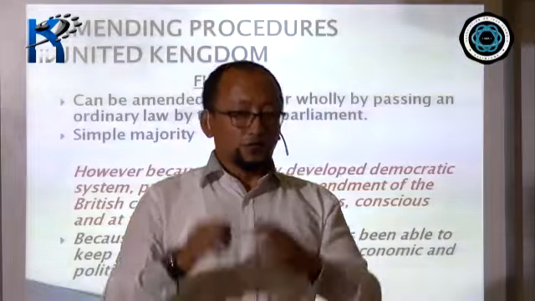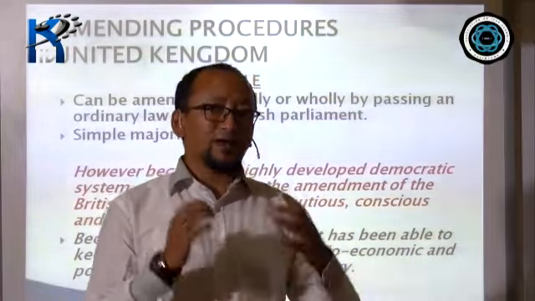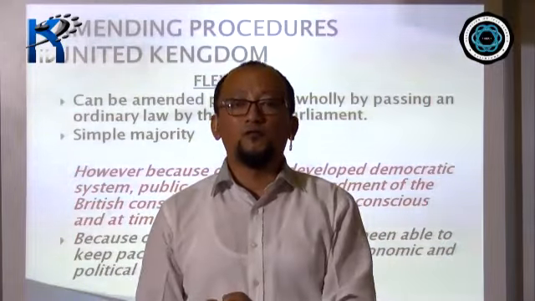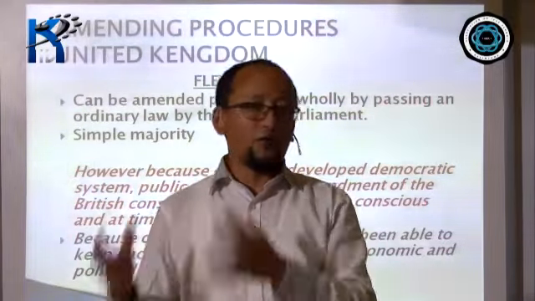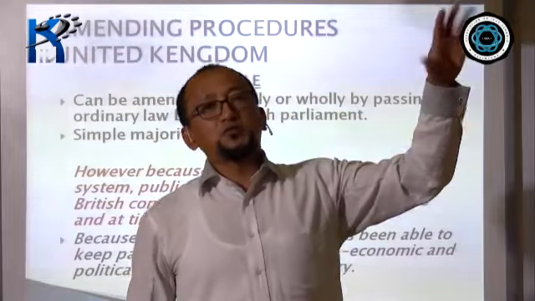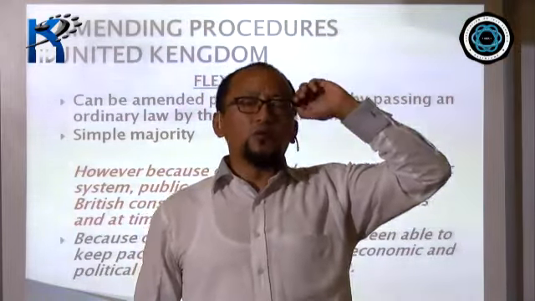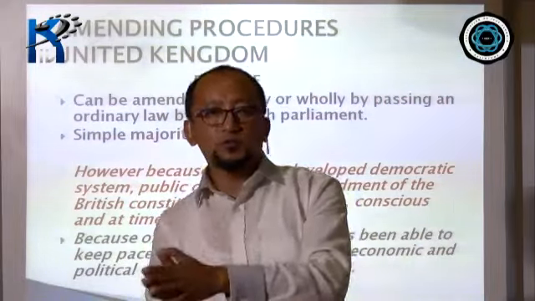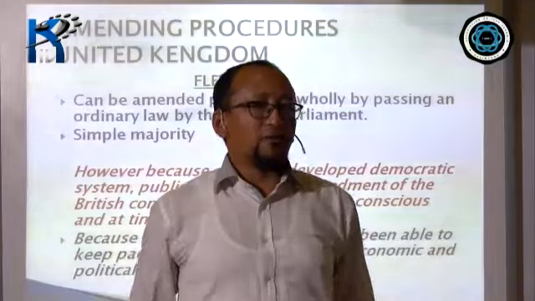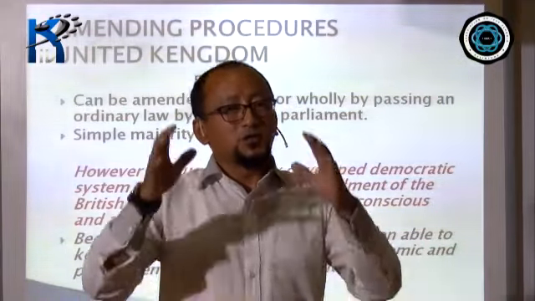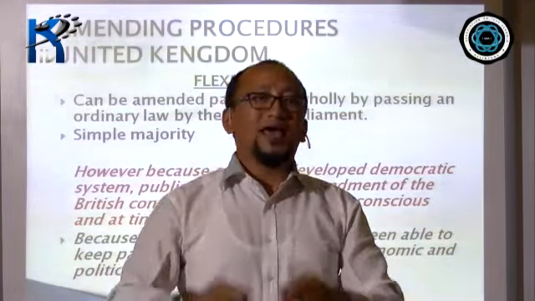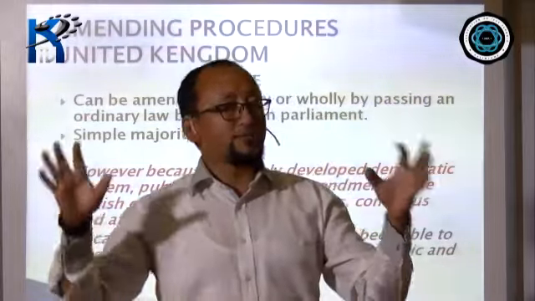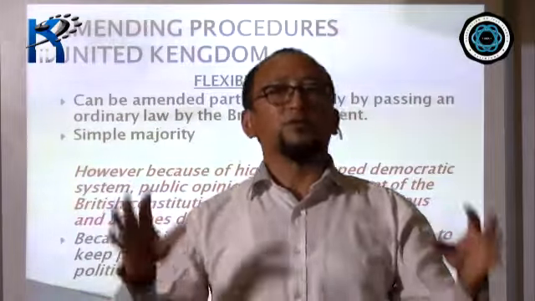Now, to tell you very frankly, in United Kingdom the House of Commons is anytime the most powerful lower house. House of Lords is more of the delaying house. So whenever we talk about passing or amending any part of the British Constitution, the House of Commons can pass it by simple majority.